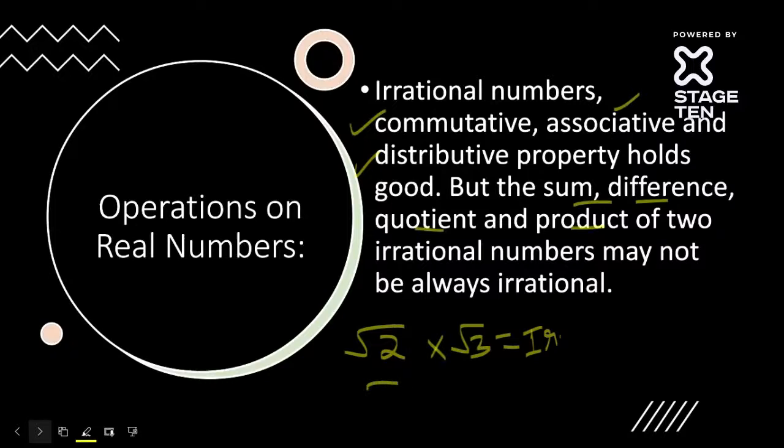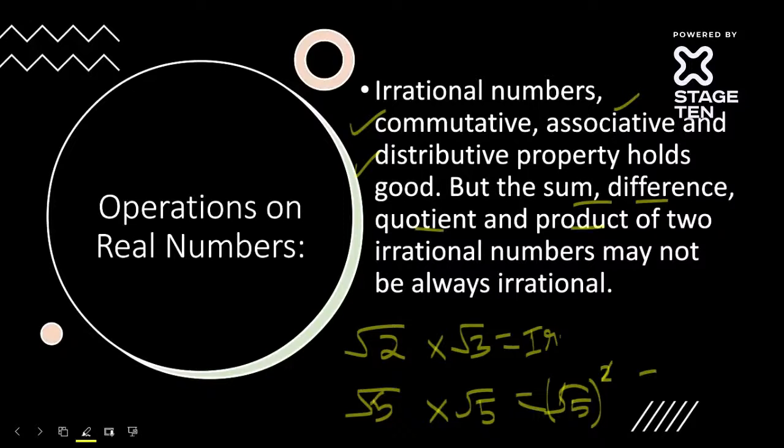But let's take root 5. If I say root 5 into root 5, both of these are irrational, but when I do the product, I get root 5 square. Whenever there's a square, root and square get cancelled, so I'll get 5. That is rational. So it's not necessary that an operation on irrationals will always give me an irrational. It can be a rational number also.